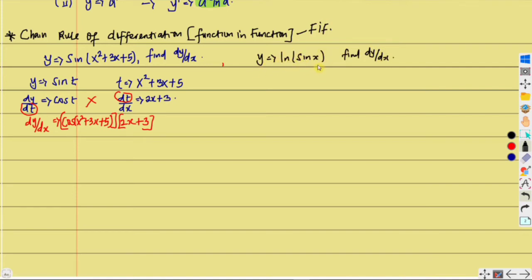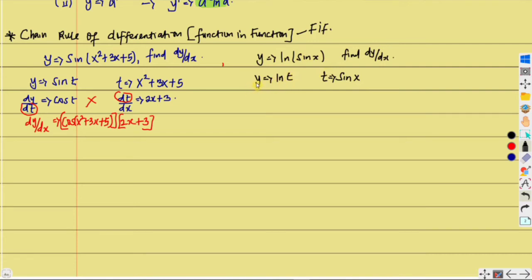The inner function is sine x, the outside function is natural log. We have carefully analyzed this before, and the logic is that the inner function we are going to make another variable, which we say t. You say t to be the inner function, sine x. Then you are left with y equals ln of t.